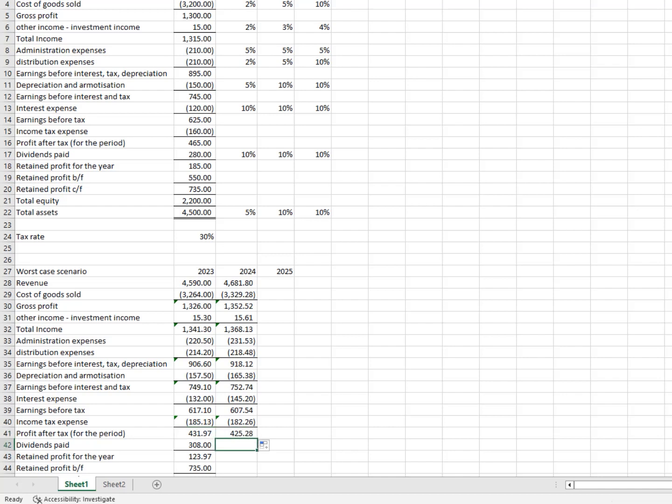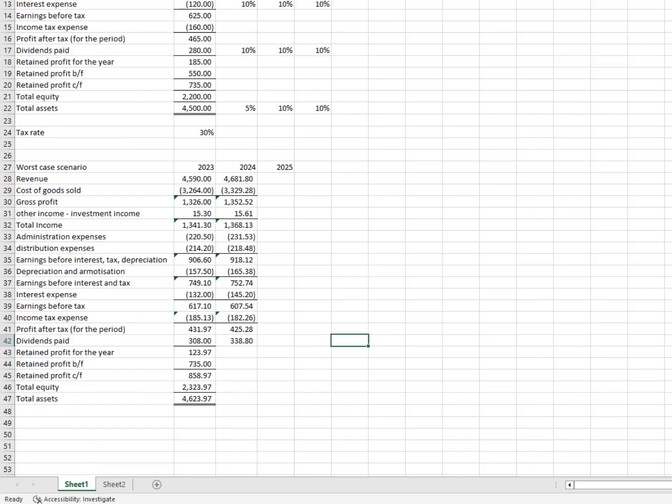Dividends paid, we are told they will grow at 10%, so we highlight the previous period, multiply by, open brackets, 1 plus the growth rate there, and then close the brackets, enter. Retained profit for the year, same, we drag it and it calculates for us.